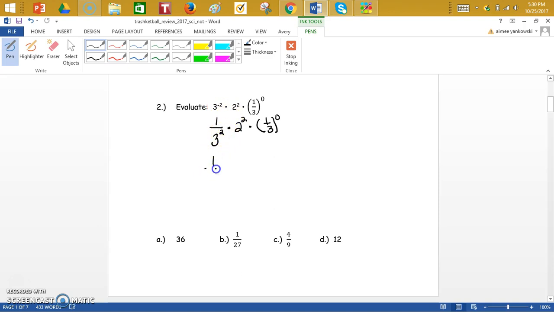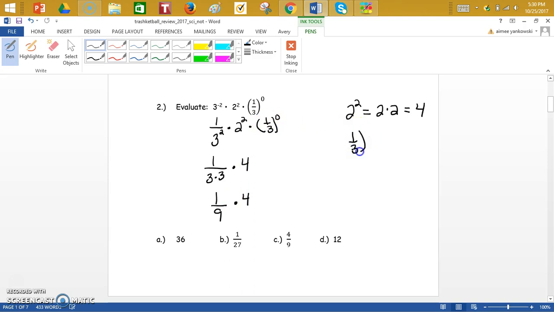So that means 1 over 3 to the 2nd means 3 times 3. So that piece will be 1 over 9, times 2 to the 2nd power. 2 to the 2nd power means 2 times 2. And 2 times 2 is 4. So 2 to the 2nd power would be a 4. So it's 1/9 times 4.